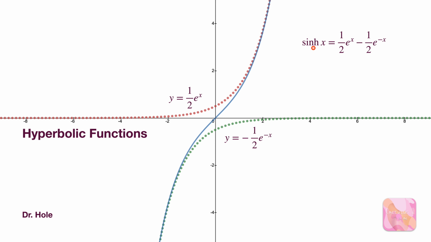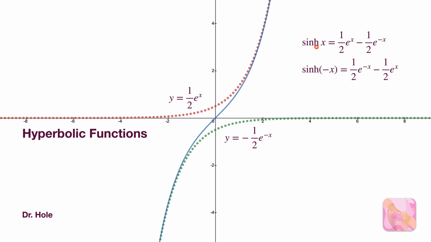Hyperbolic sine, or sinh, is defined in terms of exponential functions. Graphically, we have symmetry with respect to the origin. Algebraically, let's consider sinh of negative x. Plugging into this definition, we'll come up with 1/2 e to the negative x minus 1/2 e to the positive x.